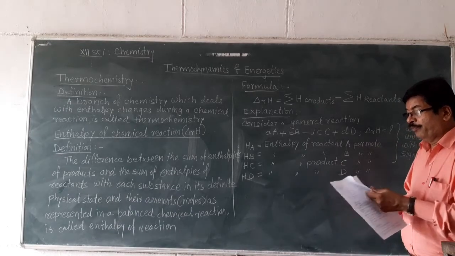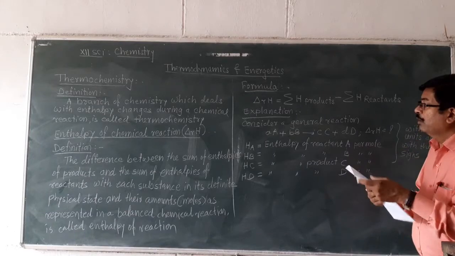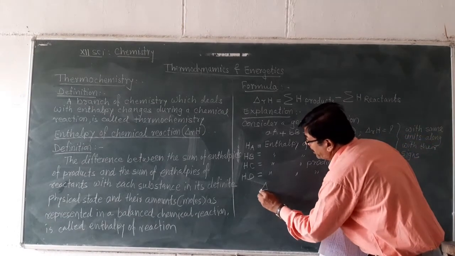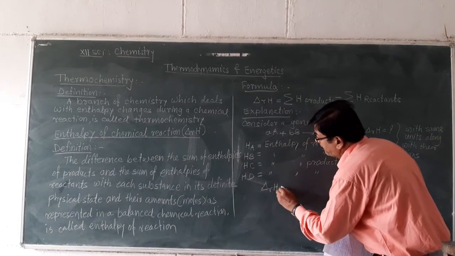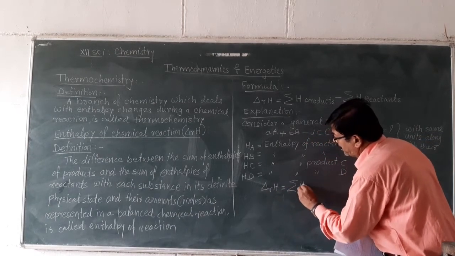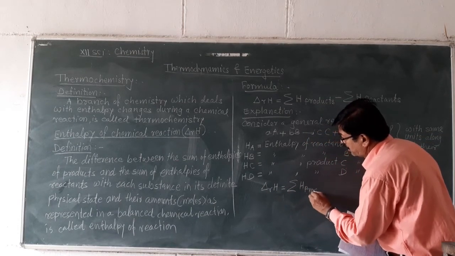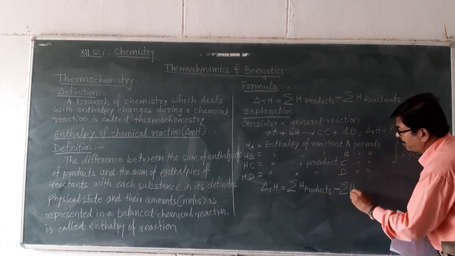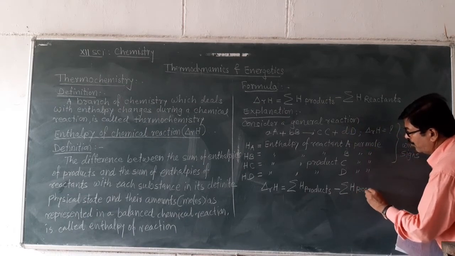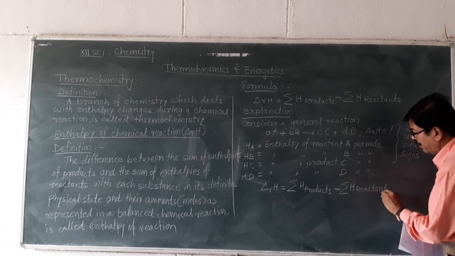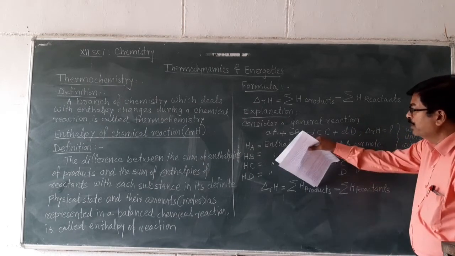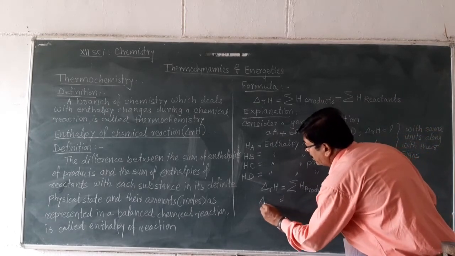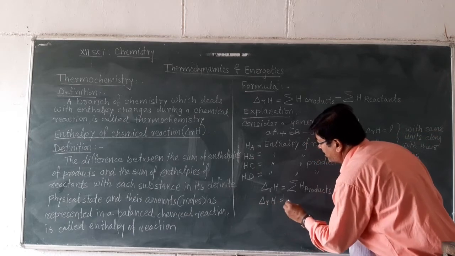Now, the formula for enthalpy of reaction is the same: summation of enthalpy of products minus summation of enthalpies of reactants. As per this balanced equation, you can calculate the enthalpy of this reaction.